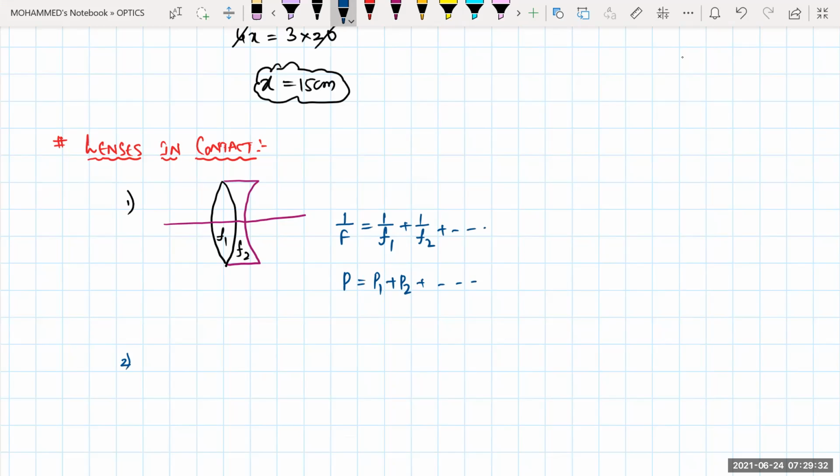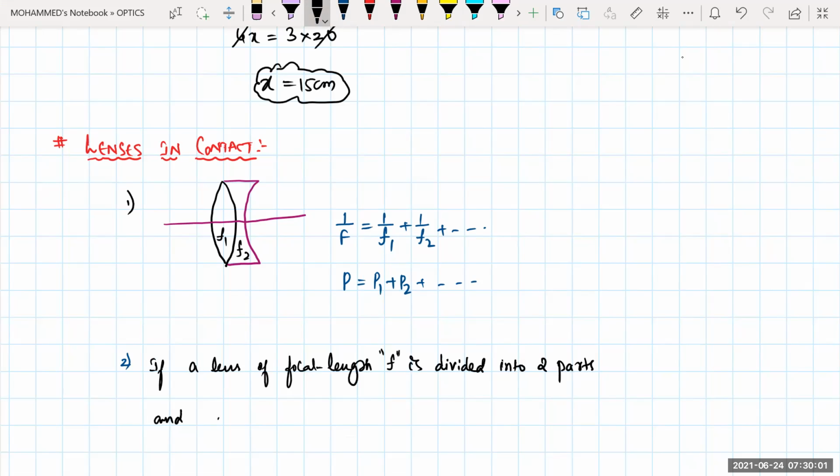Next one. See, if a lens of focal length f is divided into two parts and arranged as shown.